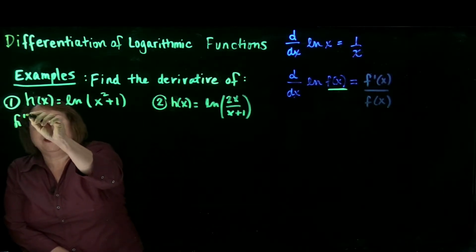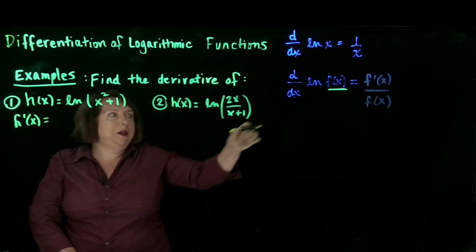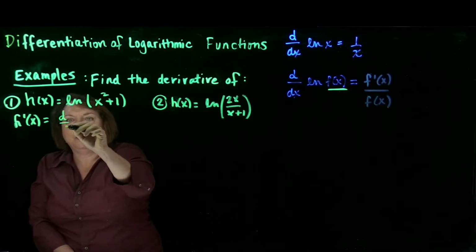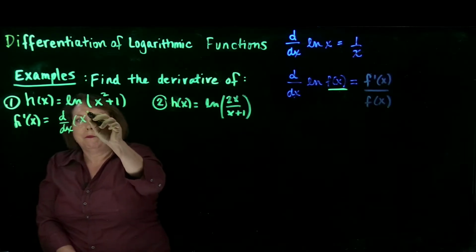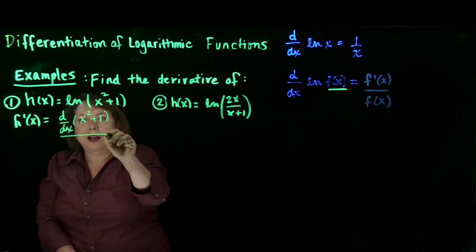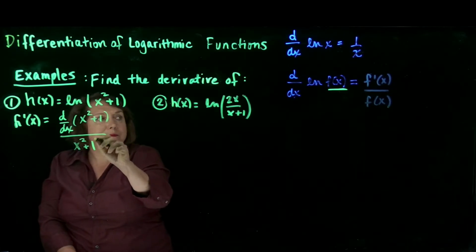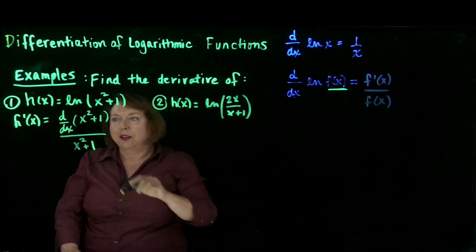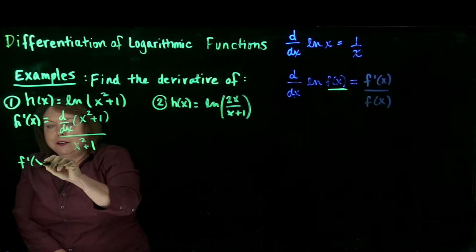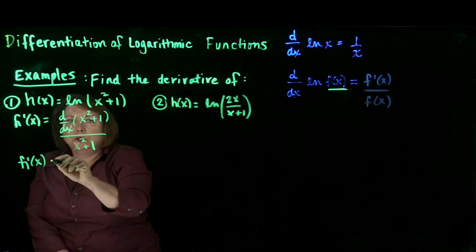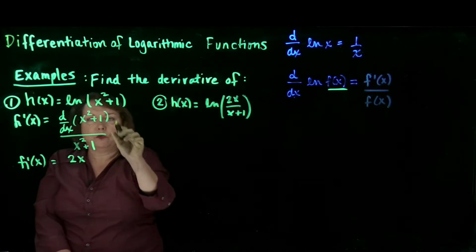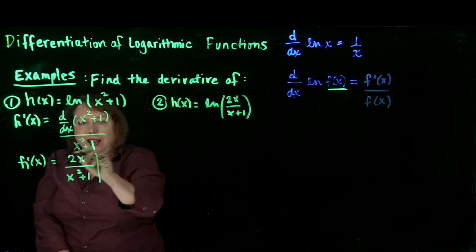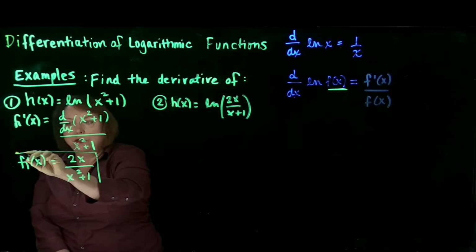So the first derivative, h prime of x, will be the derivative of x squared plus 1, let me write out a little bit of work, divided by x squared plus 1, f of x, which is what's following the natural log. So we'll have that h prime of x is equal to 2x, the derivative of x squared plus 1 is 2x, divided by x squared plus 1. And that is our final answer here for this problem.